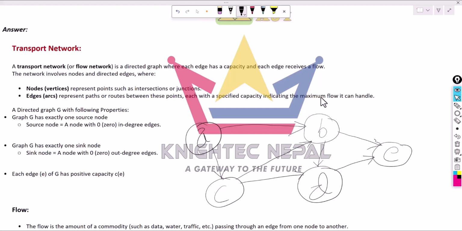See, I have just created A, B, C, D and E as nodes in this graph.